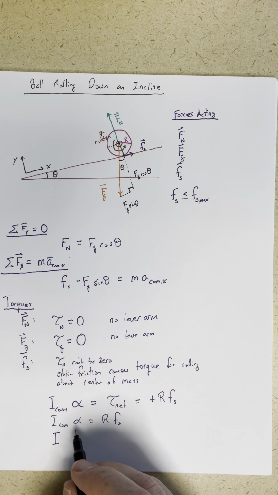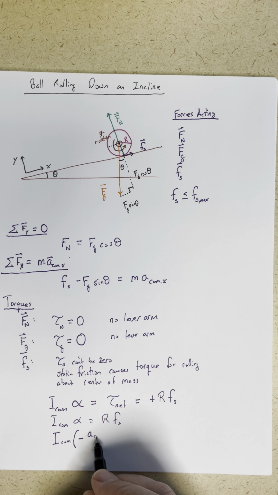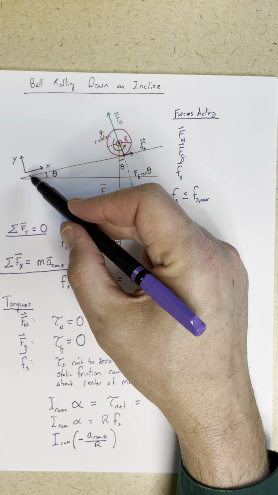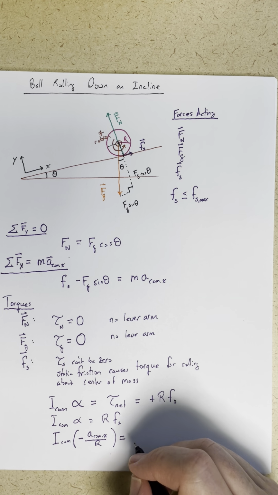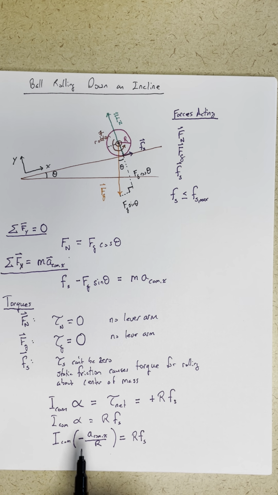If I want to rewrite using the smooth rolling condition alpha in terms of a, I've got to do a little head scratching and think it through, because a positive angular acceleration for my choice of coordinates is causing a negative linear acceleration, because the ball rolls down the hill, down the inclined plane, and I picked up to be the positive direction. So I need to have this minus sign here.